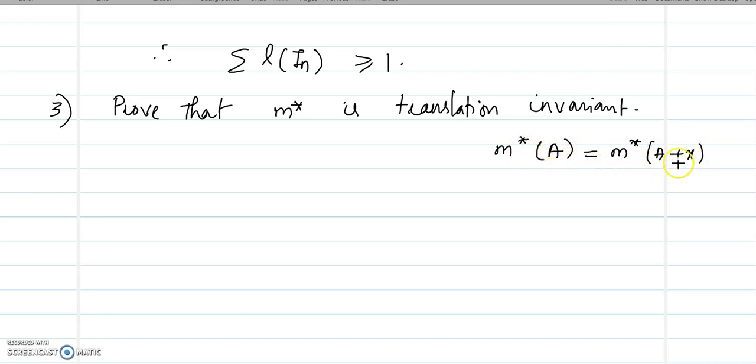So here we are translating the elements of the set by A plus x. So the measure of A will be the same as the measure of A plus x.